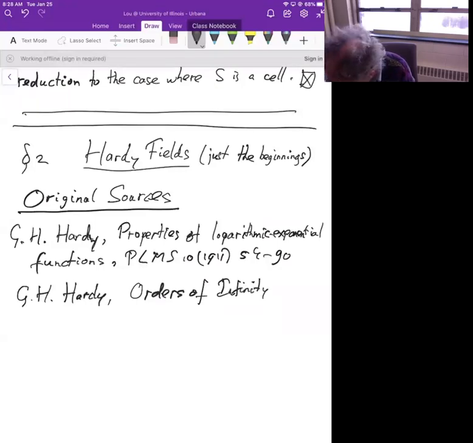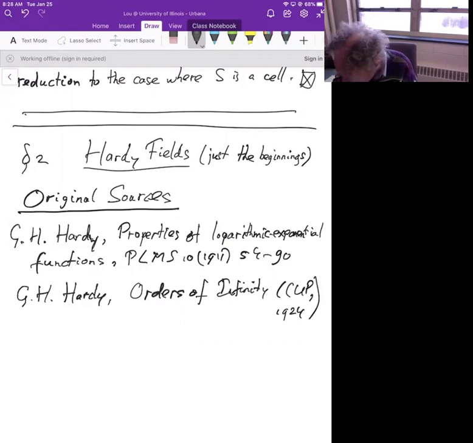And well, let me mention just the second edition. Cambridge University Press, 1924. There was an earlier edition.